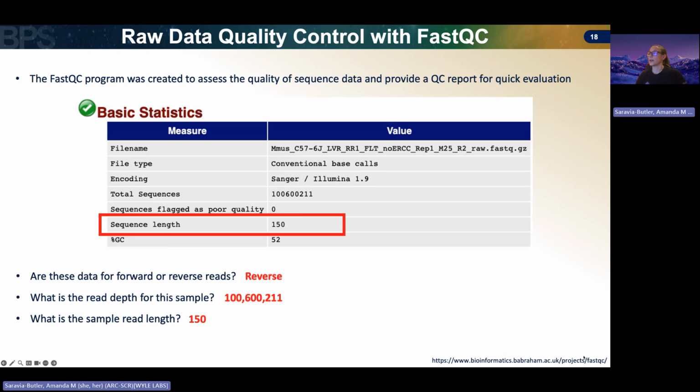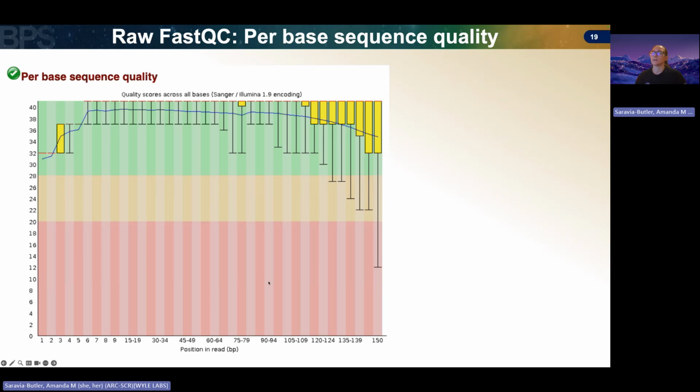Oh, and I do want to point out that the link to the FastQC program for more information about these module sets is going to be at the bottom of all of these slides. So the next FastQC module we're looking at here is the per base sequence quality. This shows the position of the read on the x-axis, and then the Q-score on the y-axis.